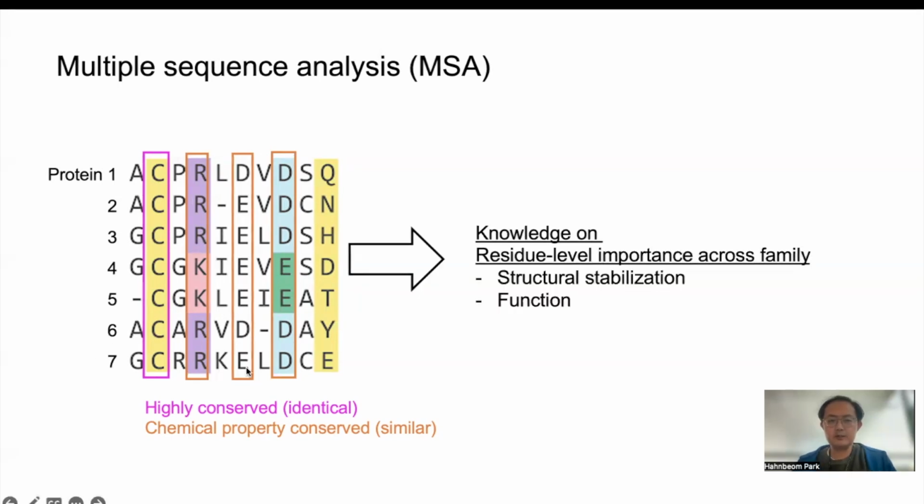By using multiple sequence alignment, you can collect information on which residues are important for that protein family and which are just random. You can easily imagine that the residues that are highly conserved in identity or similarity will be important for protein stability or function. These are the two main factors why protein sequences are conserved.